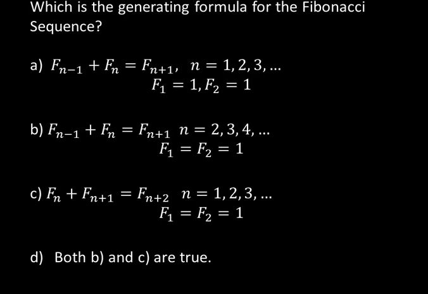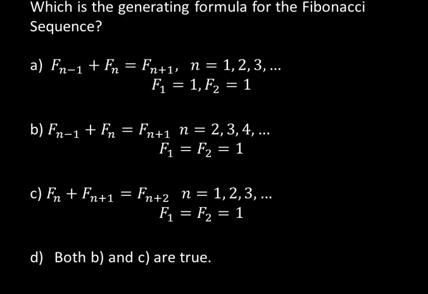Mathematical notation gives us a wonderful way of writing things that would take long sentences in just a few symbols. So let's see which one of these 3, or are there more than one, that tell us how to generate the Fibonacci sequence.